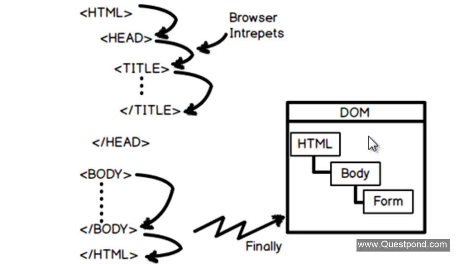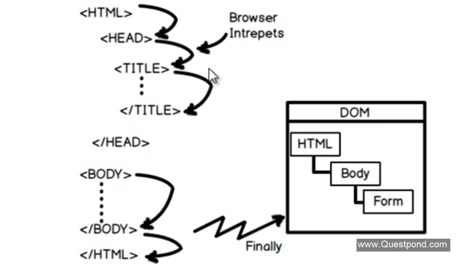The document object model is an in-memory representation of your HTML. This HTML is loaded into the in-memory DOM by the browser in an interpreted manner. Remember, I'm emphasizing a very important word here: interpreted manner.